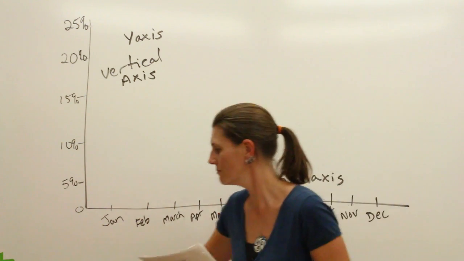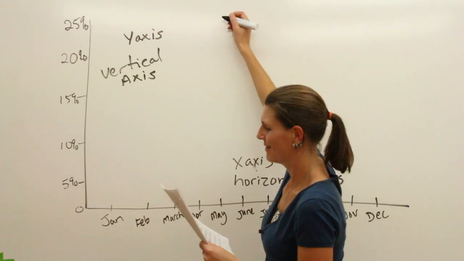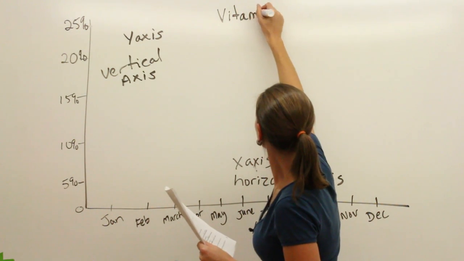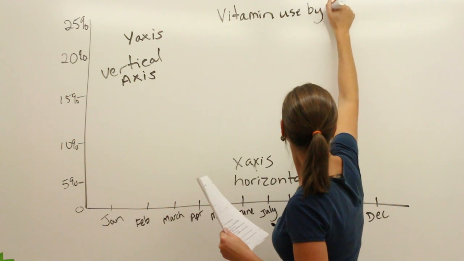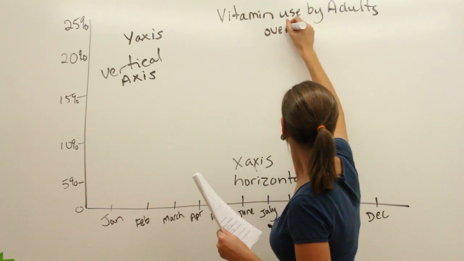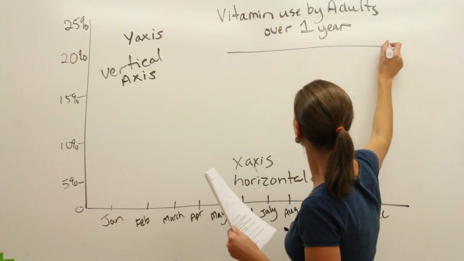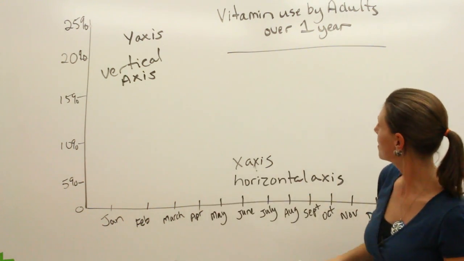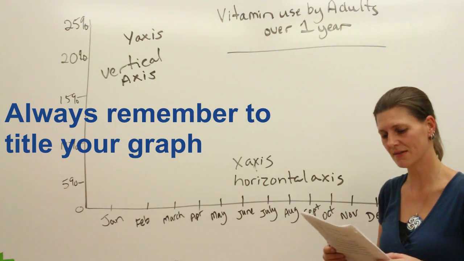I should remind you that the title of this is Vitamin Use by Adults over 1 year. Okay, so we will be describing this trend throughout the year for vitamins.